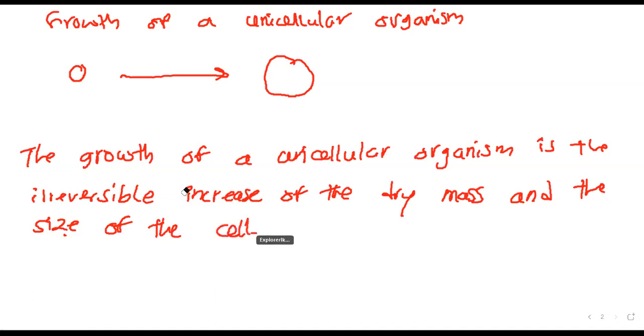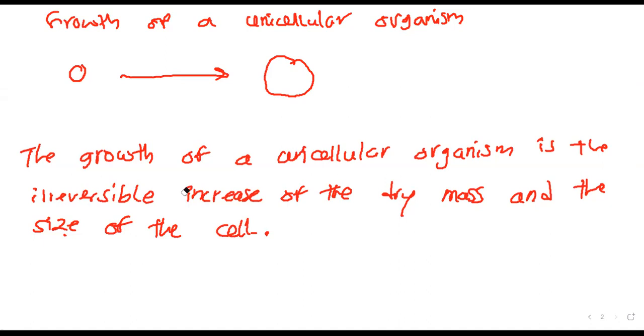This is what the definition is. So the growth of a unicellular organism means the irreversible increase of the dry mass and the size of the cell. You should know the meaning of these two.